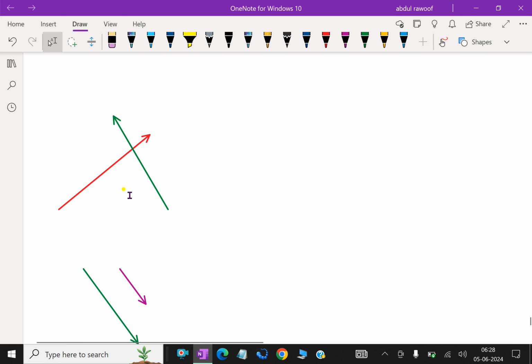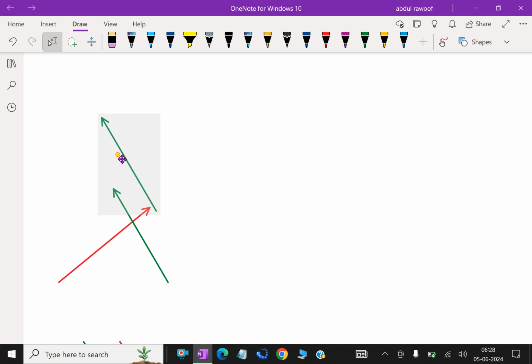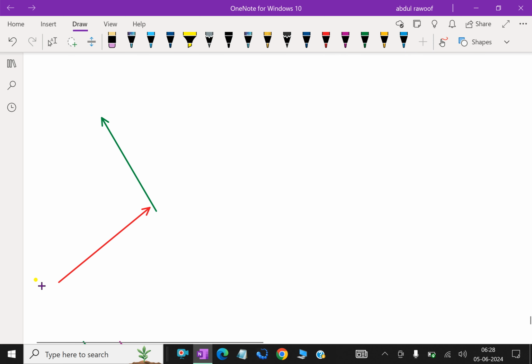Next point. These are two vectors. How to represent the addition? Suppose this red vector is the first vector and the green is the second one. How to add them? Just look here. Join. We have to move it parallelly to this end point, then join the starting point with the end point.